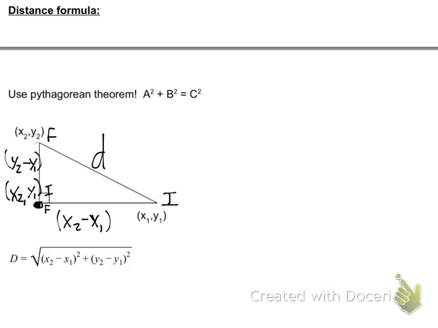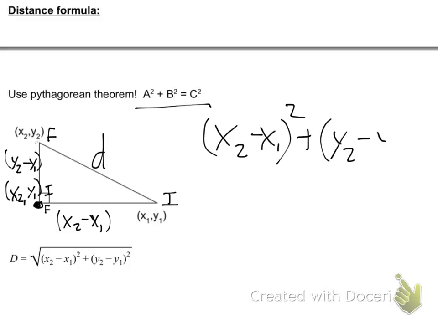If I want to use this formula, A and B stand for the legs, yes? So x2 minus x1 squared plus y2 minus y1 squared will equal the hypotenuse squared, which is D. We're just plugging our changes into that formula.